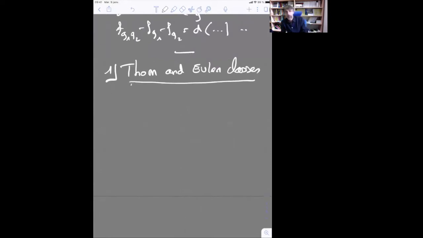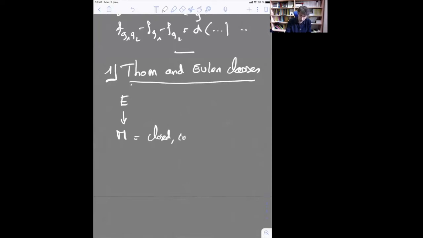So I will consider a very general setting, E over M, where M is, let's say, closed.